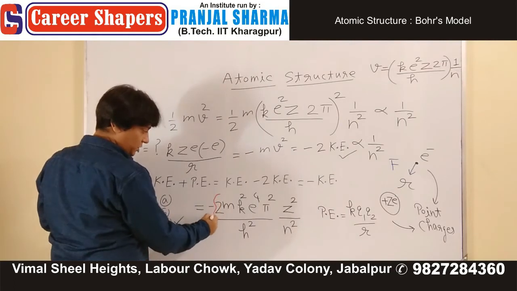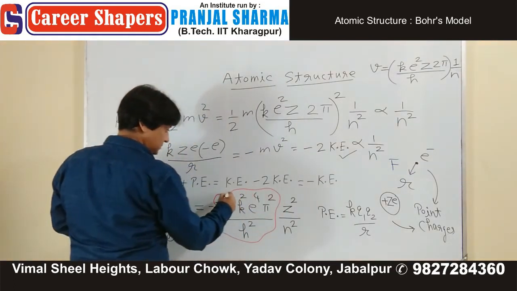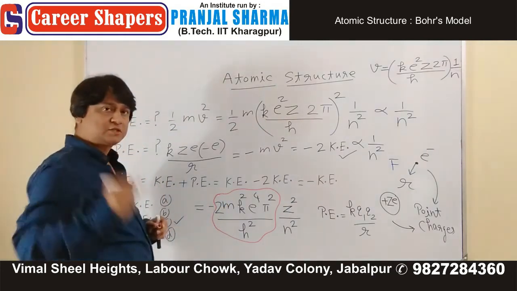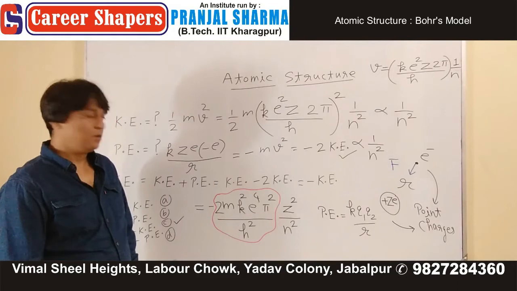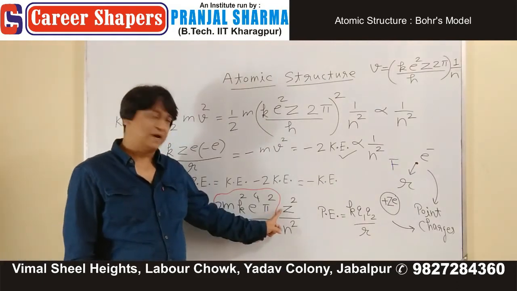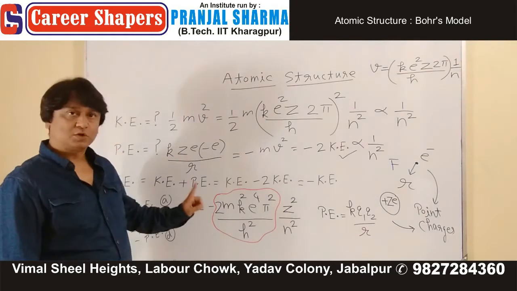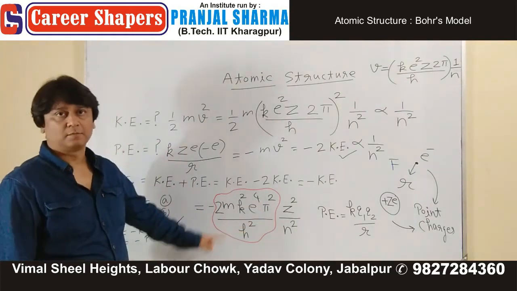What this whole thing is? Because we have seen this number a lot. And the hint is for hydrogen, Z is 1. What is the value of this whole constant?